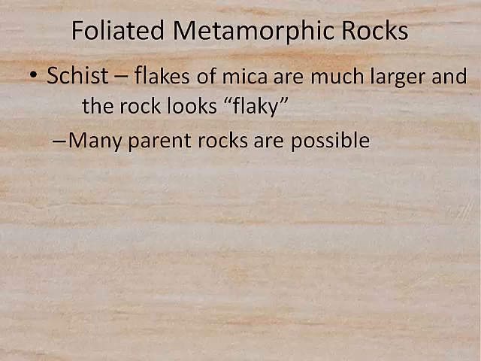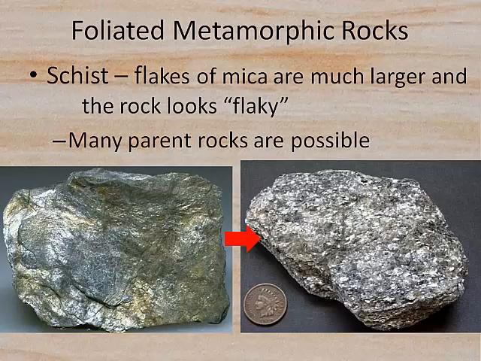Schist can form from lots of different types of rock, but if we take phyllite and we subject it to increasing heat and pressure, then the little mica flakes that we saw that made this shiny will grow and become fairly large. And schist looks scaly or flaky.